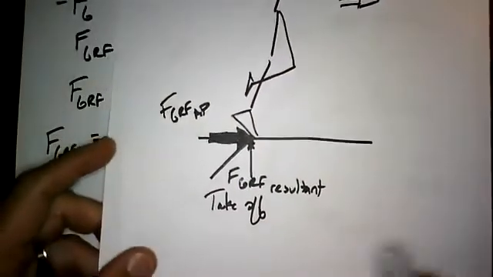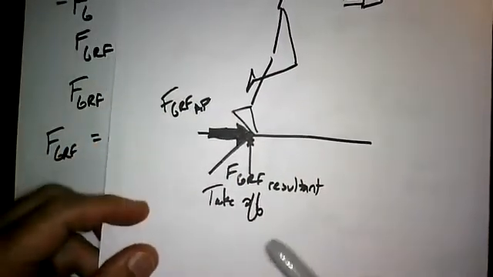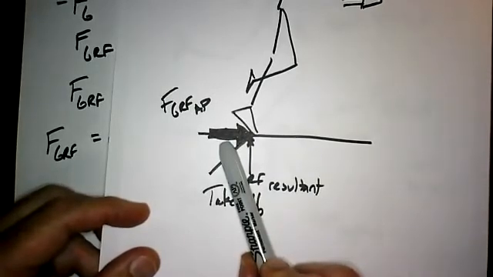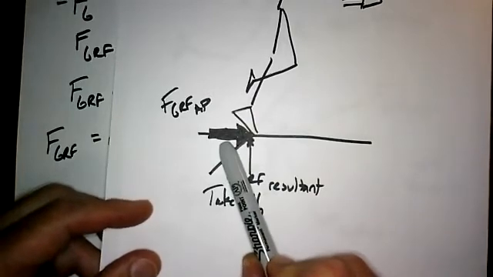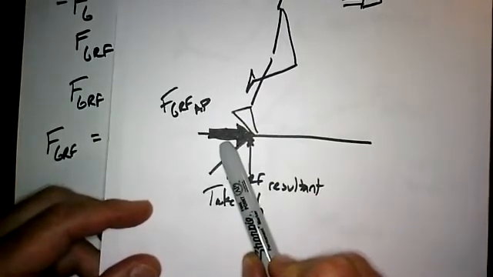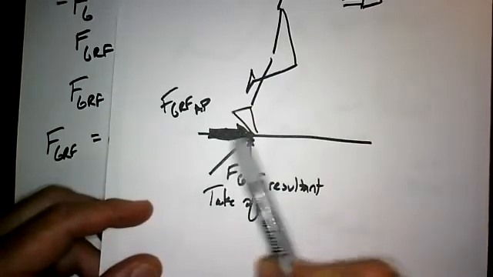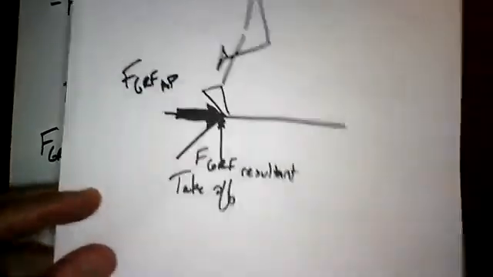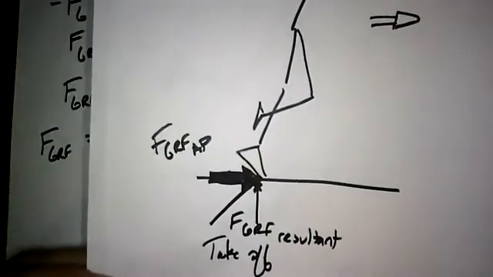Sometimes people will say, well, where's friction? Well, friction is just a name for a force. In this case, this is the friction force, the force pushing on the person, and it happens because there's friction between the foot and the ground. If there was no friction, for example trying to run on ice, the foot would just slide along and there would be no ground reaction force in the horizontal direction.